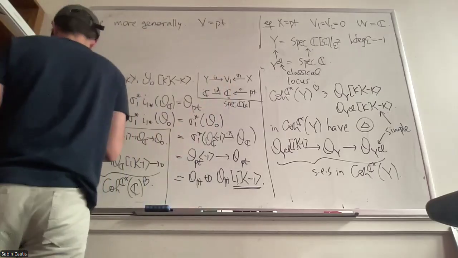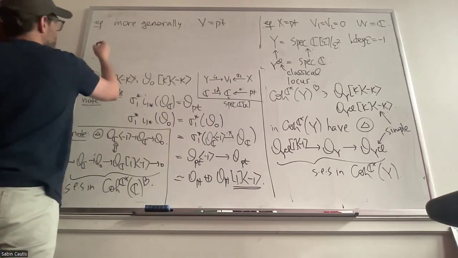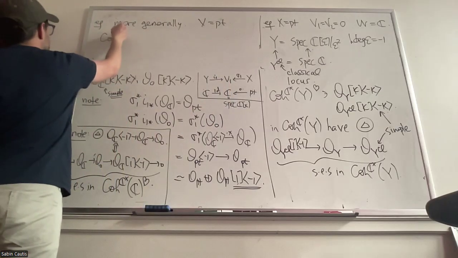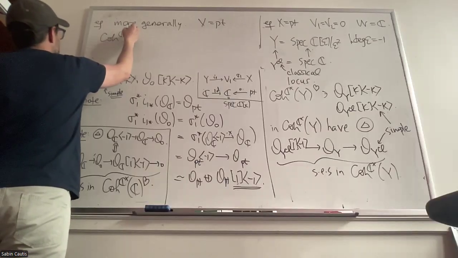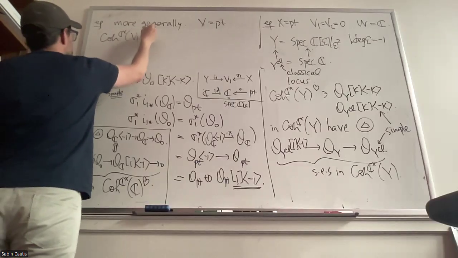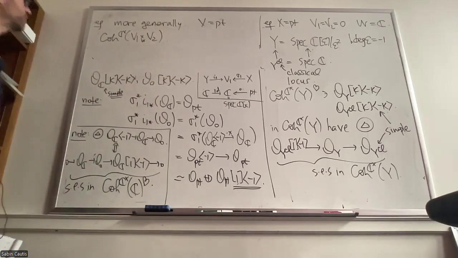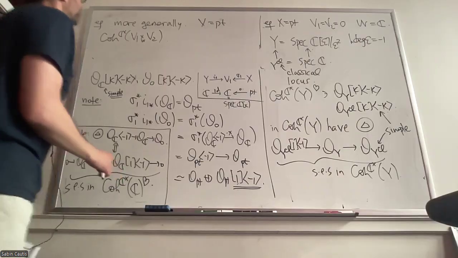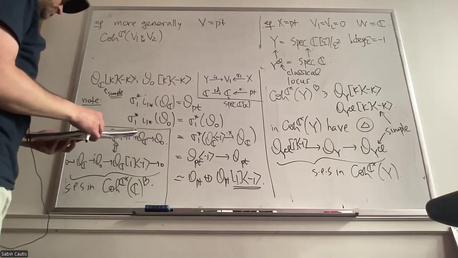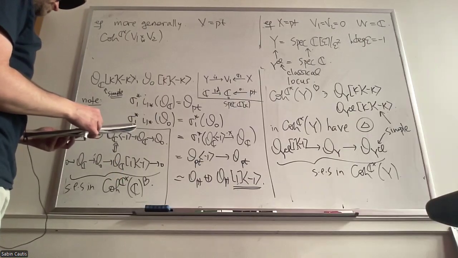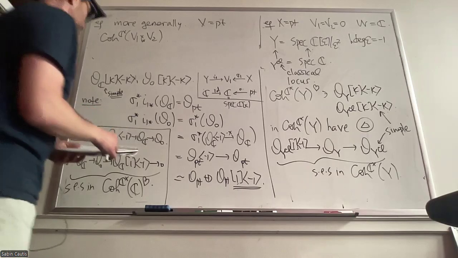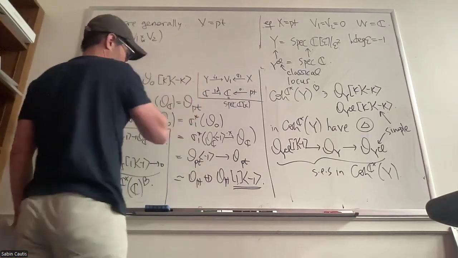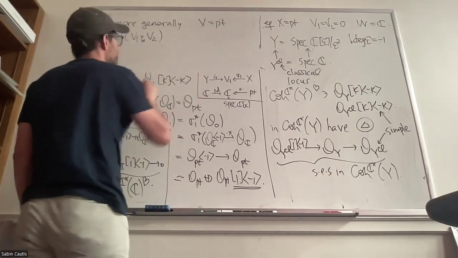Then you can say you have co-C star of V1 fiber product V2, the derived fiber product. And what is it going to look like? Well, let's just say, I'm trying to think how much I can say in this notation.